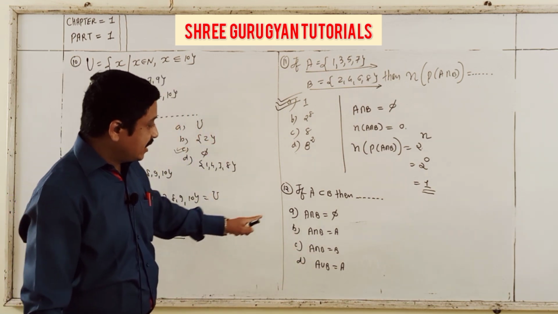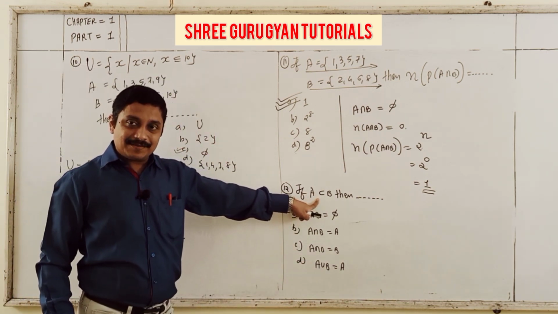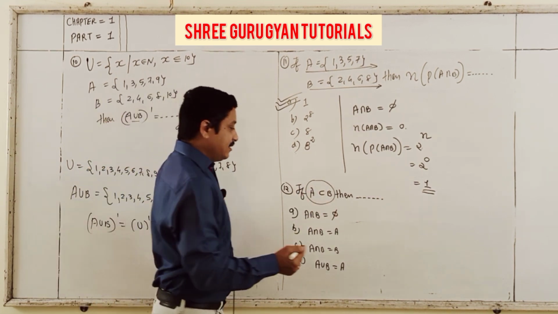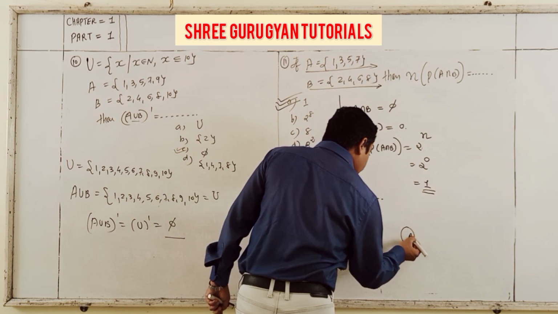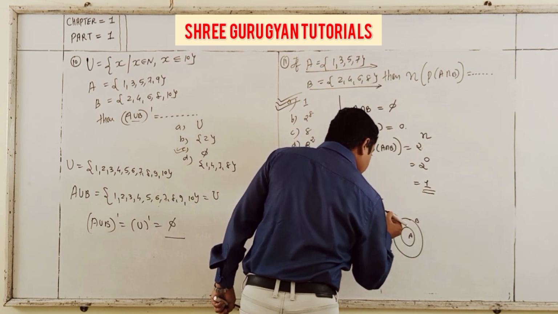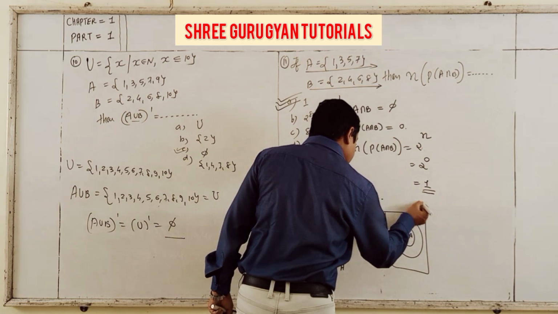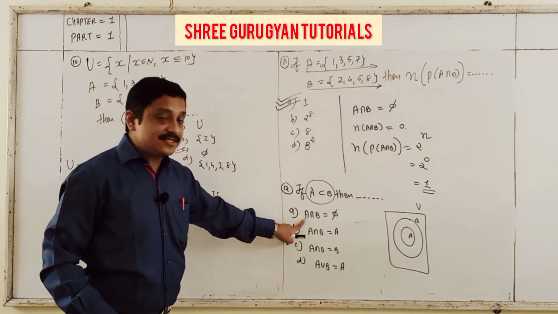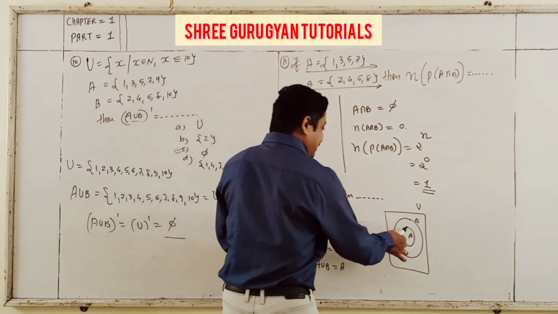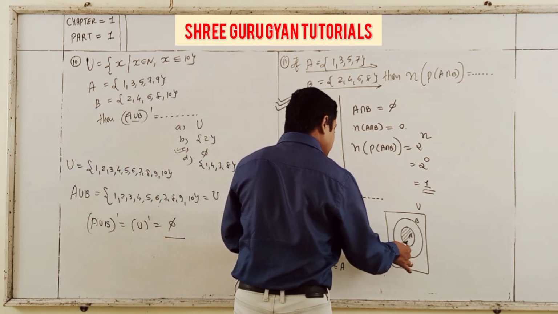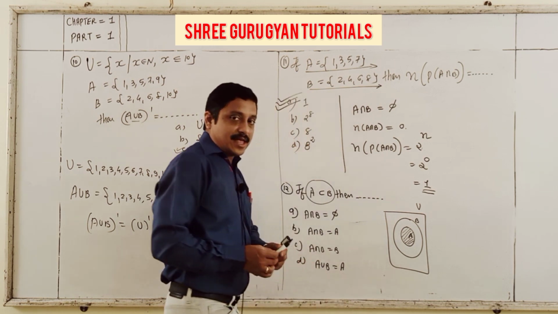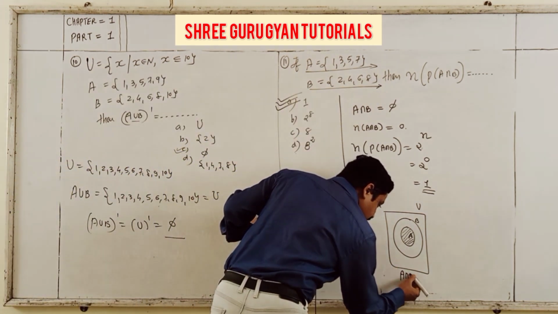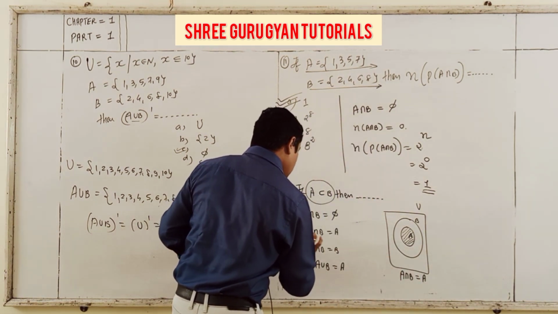If you define by the drawing, A subset B means every element of A is present in B. This is your A, that's your B, and that's the universal set. So you check A intersection B is A. Yes, this is your correct answer, because A and B both have common A.